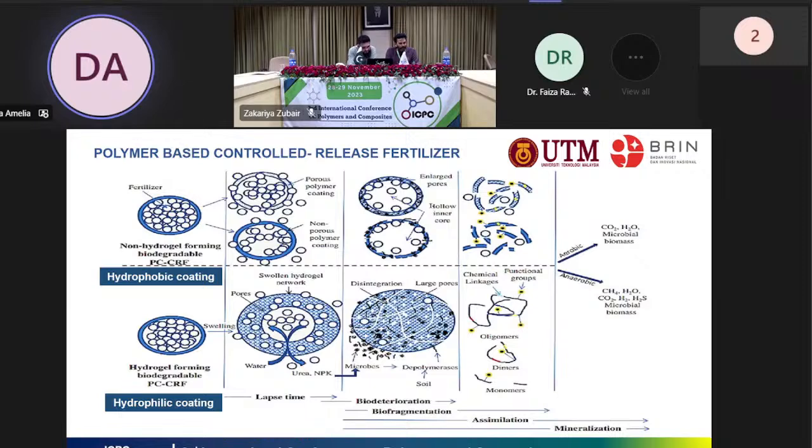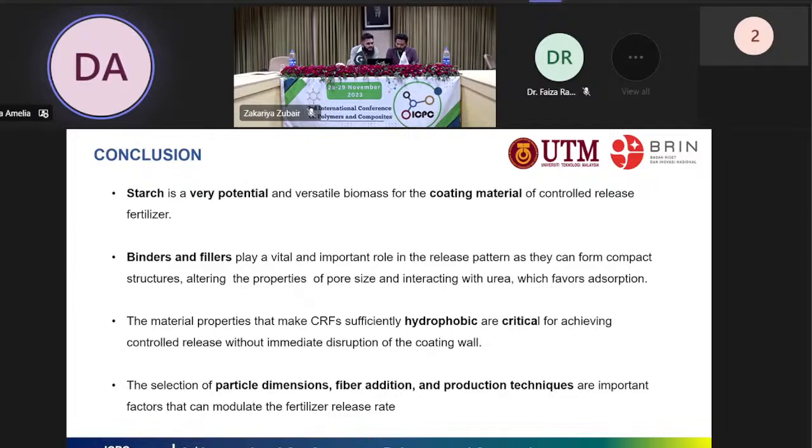So the conclusion is that starch is a very potential and versatile biomass for the coating material of controlled release fertilizer. Binder and filler play a vital role in the release pattern, because they can form a compact structure, altering the pore size properties and interacting with urea or fertilizer through vapor absorption.